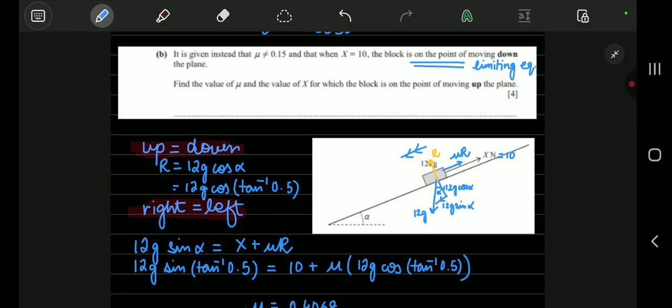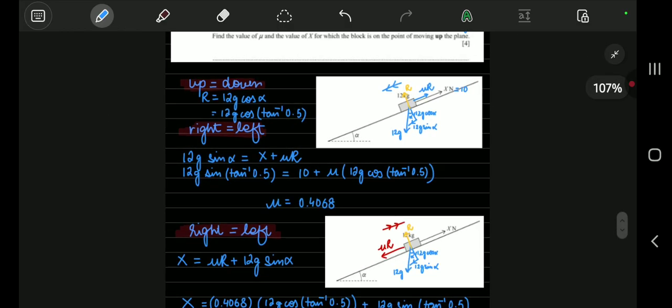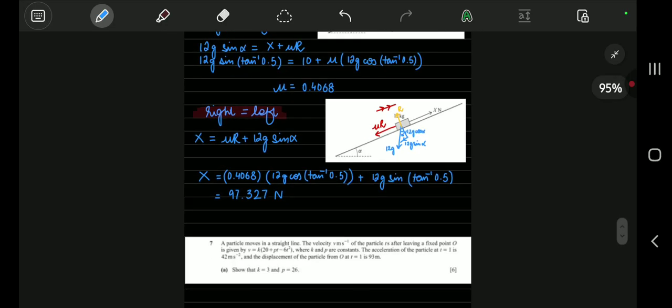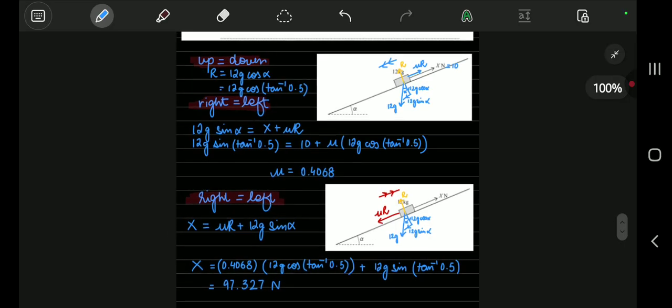It is very important to please make the diagram again. Don't try to do all the workings and all the components and all the directions on the same diagram. This will make it confusing, so do the cases separately and then it will be very much easier for you. So that's all about question 6.